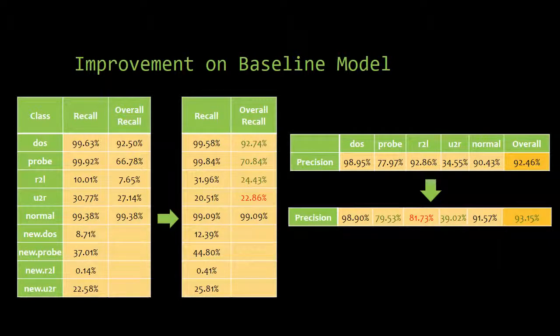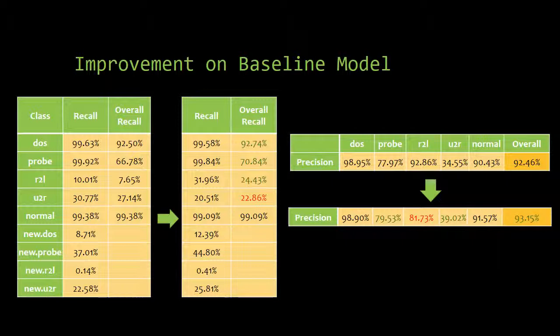So here I summarized the improvement of merging the R2L result on the baseline result. We can see that for recall rate, DOS, probe, R2L all increased, only U2R decreased a little bit, and the normal decreased a little bit.